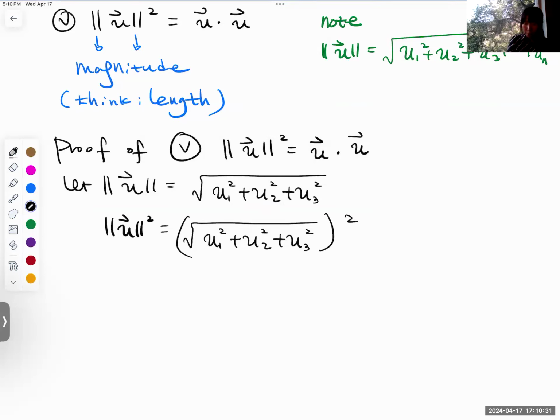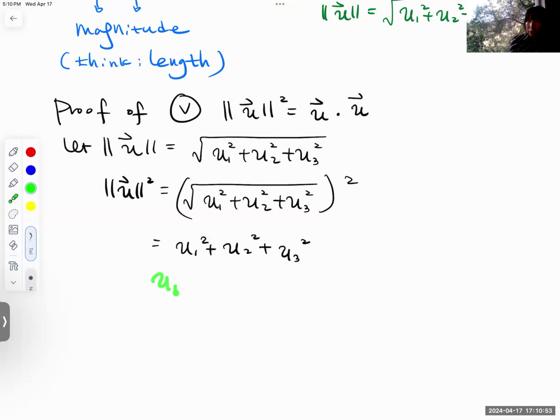So that will be U sub 1 squared plus U sub 2 squared plus U sub 3 squared, right? Okay, squared means that U1 dot U1, plus U2 dot U2, right? So there will be U sub 1 U sub 1 plus U sub 2 U sub 2 plus U sub 3 U sub 3.